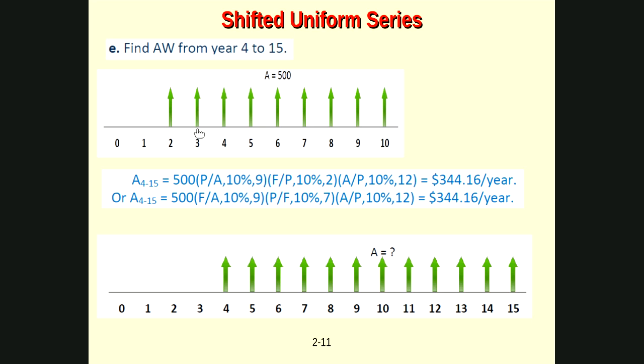Why to year number 3? Because then he's going to use the annual given the present, as we did in the last example that I showed you with the handwritten. He wants to spread that value over 12 years starting from year 4 to 15. If you count the number of years from 4 to 15, you will find 12 years. When you multiply all these values together, you will get the value of the years from 4 to 15, and you find the annual for that value.